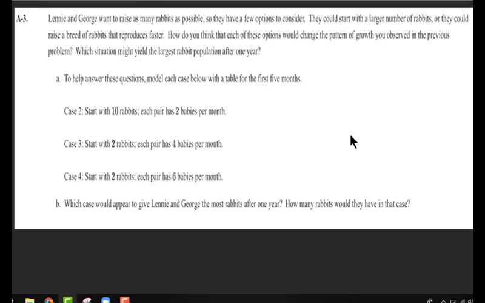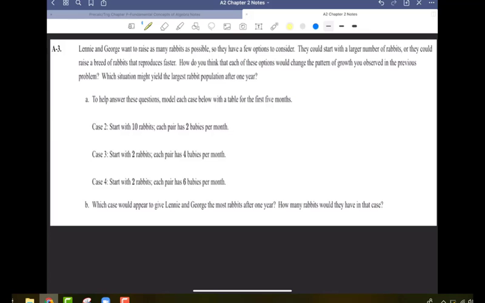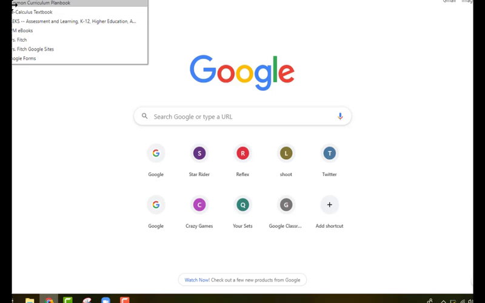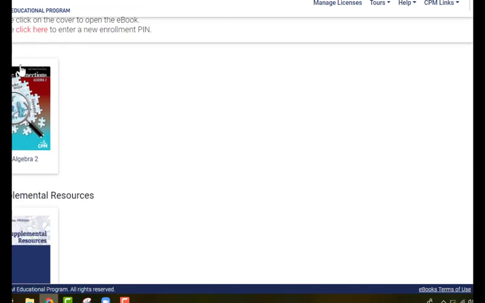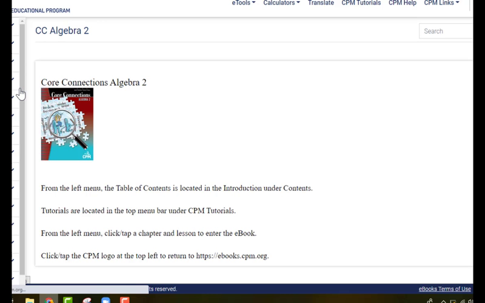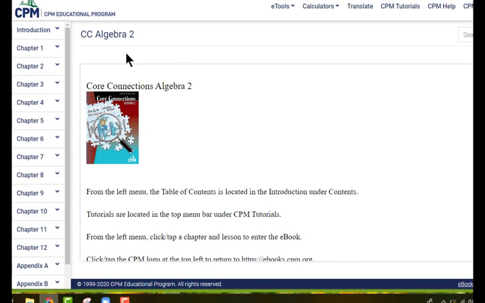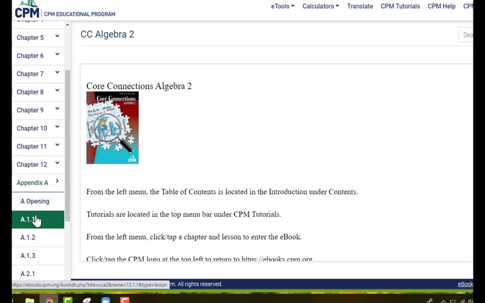This is also in your book. Like I said, let me see if I can pull it up. It might let me. When you pull up your CPM book online on the table of contents, you're going to scroll down until you get to Appendix A. And then we're doing 1.1.